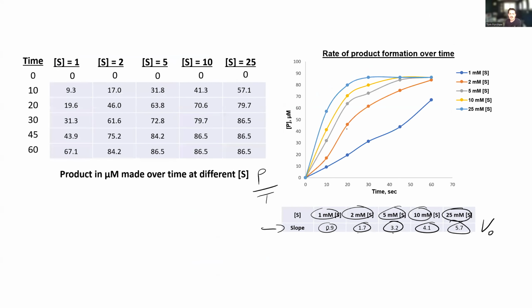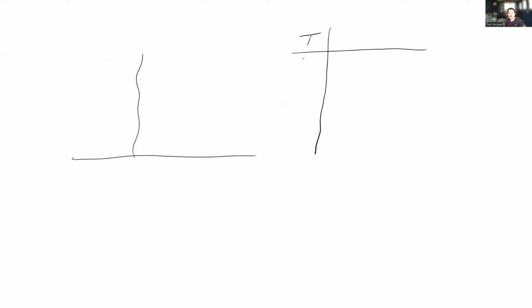And then finally, if you wanted to figure that out for an inhibitor, you would measure at different times, let's say 0, 10, 20, 30, 45, 60, and you would have substrate concentrations of, let's say, 0.1, 0.2, 0.3, and you would plot that.